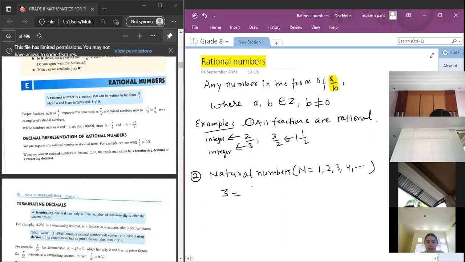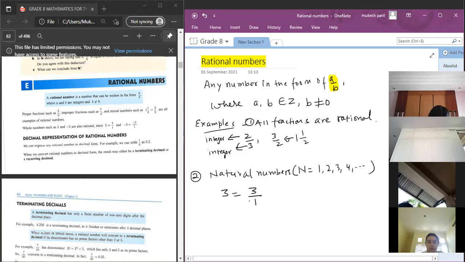Because it is an integer and not equal to 0. Okay, so how can you show this is in the form of a over b? Suppose I ask you, write this 3 in the form of a over b. How will you write? 3/1. Correct, absolutely correct. Well done, very good.